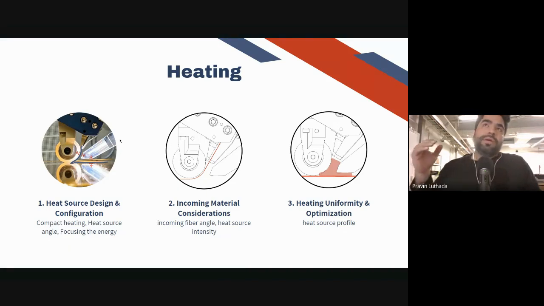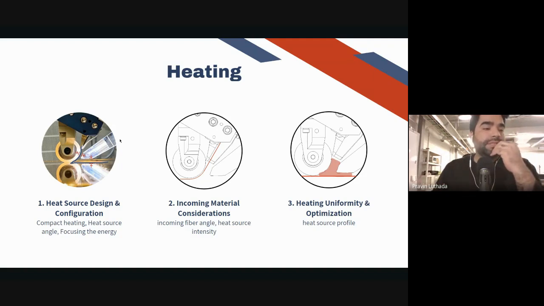That actually creates the main how the heat will be emitted from the heat source and will be impinged, or the direction of it getting absorbed by the incoming tape and the substrate. It's very critical to get those very well aligned.